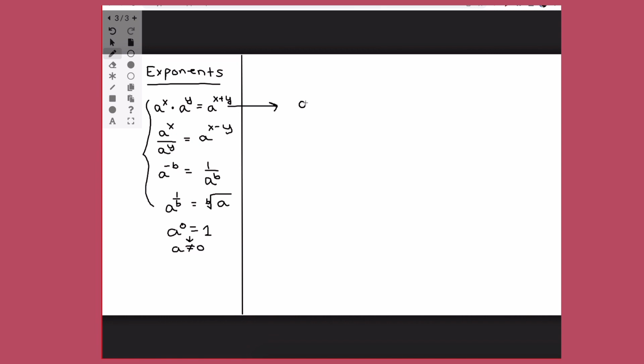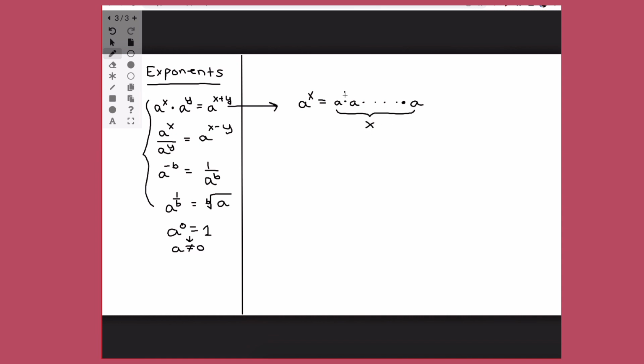So we said the exponent represents repeated multiplication. So a to the x is just a times a times a, multiplied by itself x times.